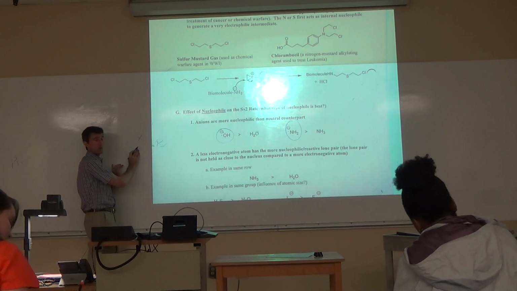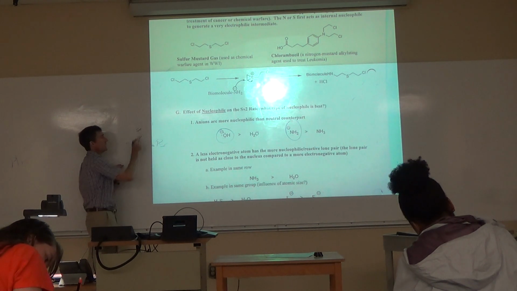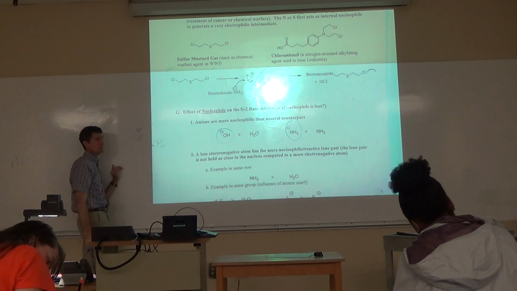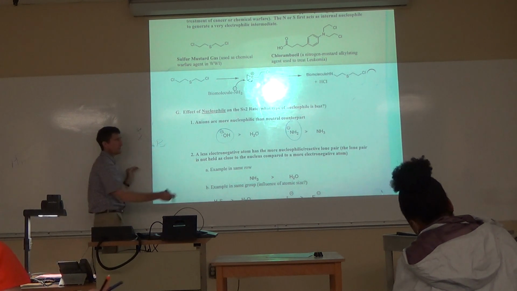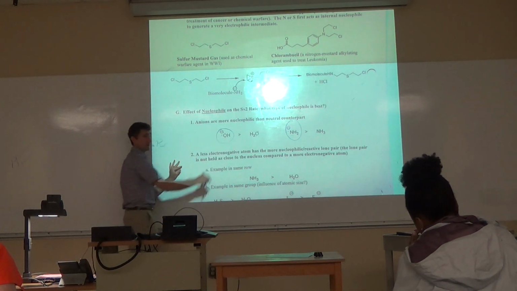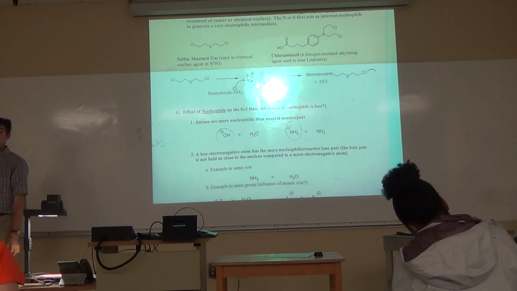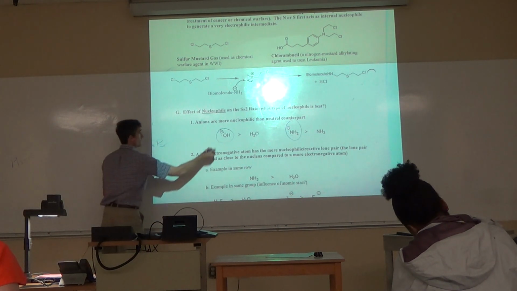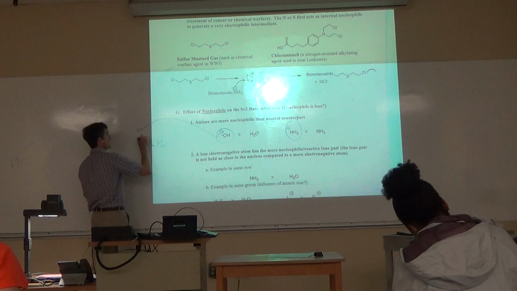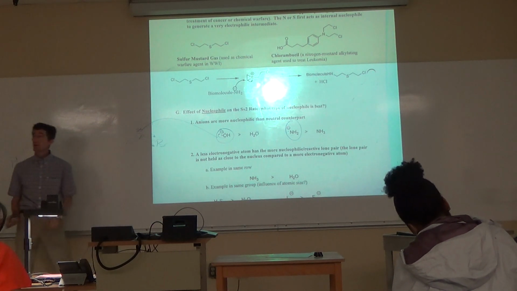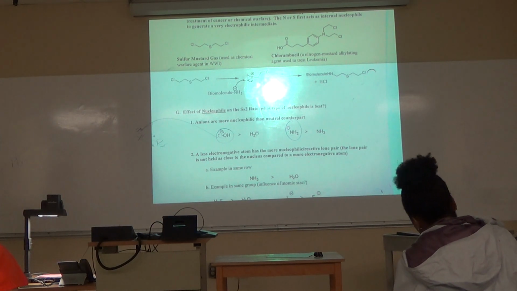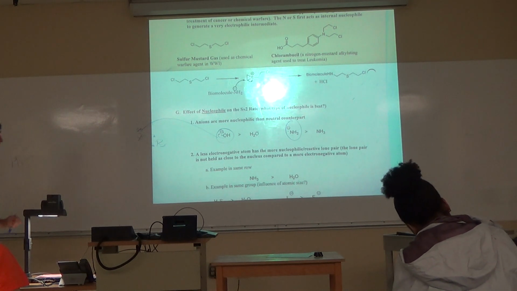It's not a formal plus. What does it have? It's partial plus. Which one's going to be more attractive to it? The negative one. The anion, right? These electrons can come in here and we can get this chemistry to take place. We call that SN2. We can get this substitution reaction to take place.